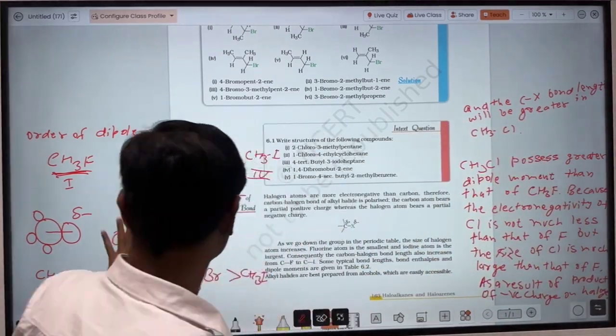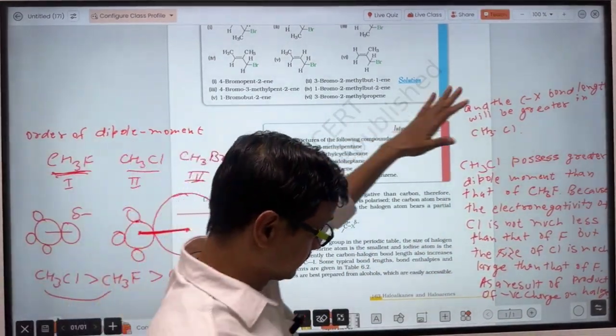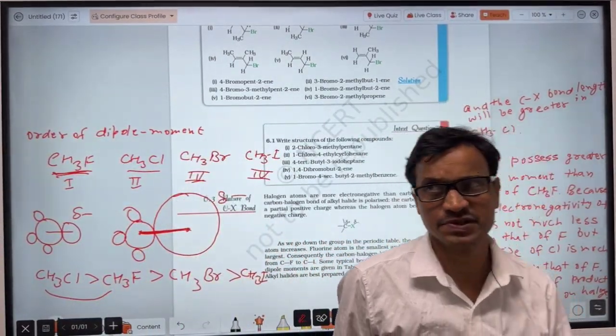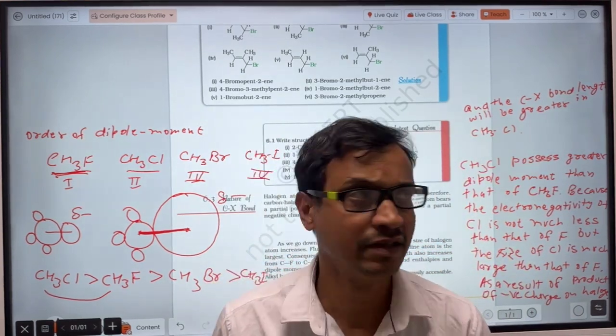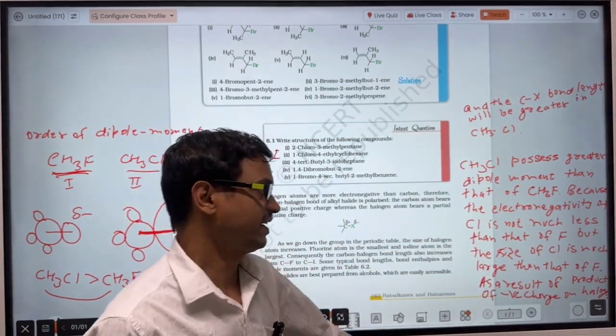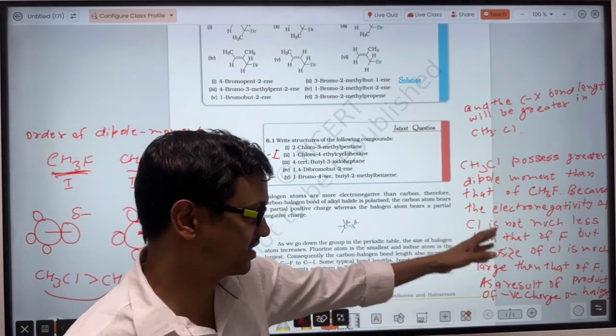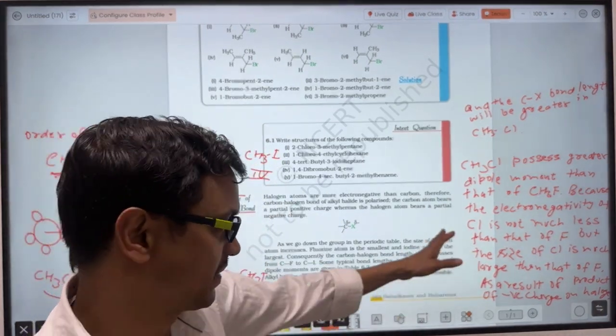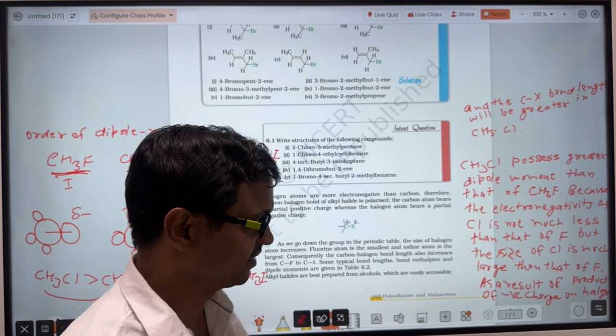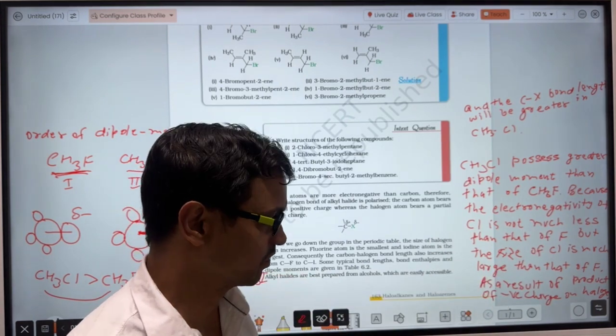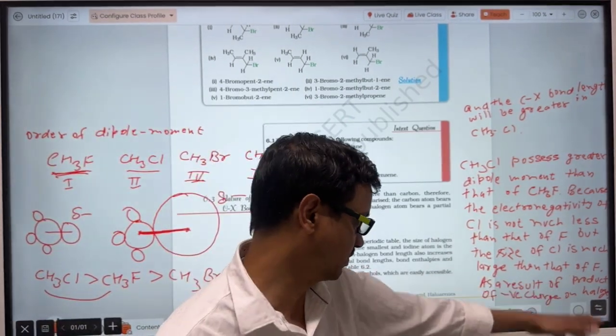Is this one clear? That is what you will have to write in the examination. The question may be asked as give reason, so you will have to write that CH3Cl possesses greater dipole moment than CH3F, because the electronegativity of chlorine is not much less than that of fluorine, but the size of chlorine is much larger than that of fluorine.